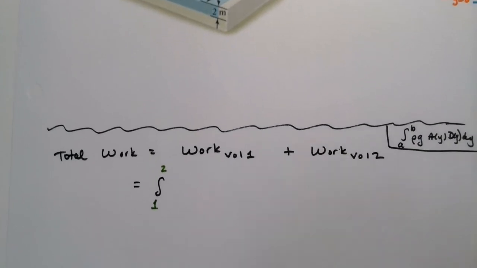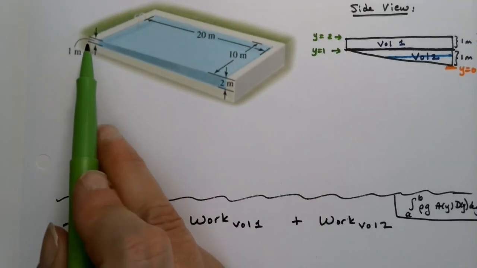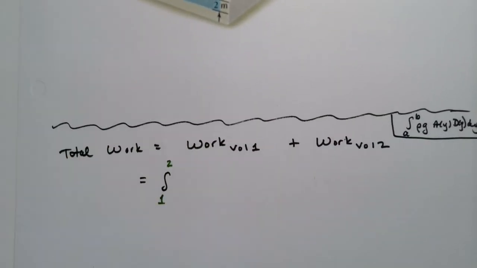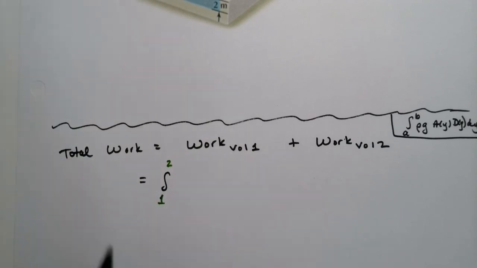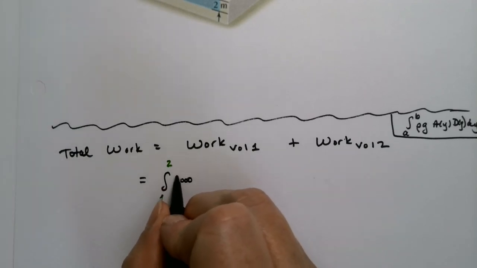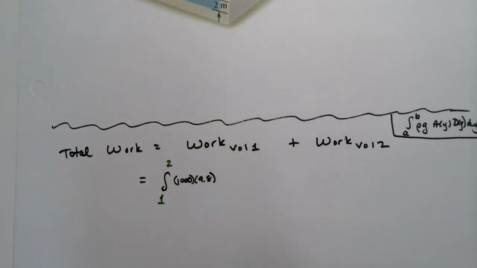Okay. So if that's the general form, then volume 1 would be from 1 to 2, because we're going from the middle of the pool up to the top of the pool. And then rho is 1,000. G is gravity, which is 9.8. Those two don't change. A of y, well, the top part is a big rectangle, right?